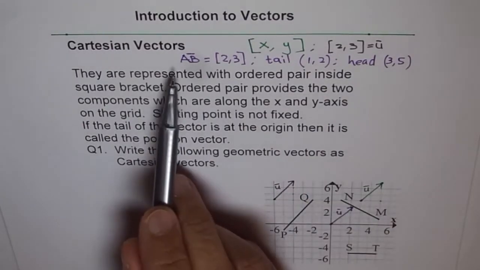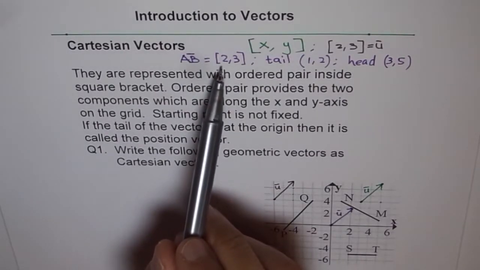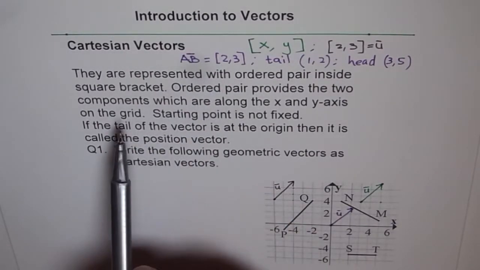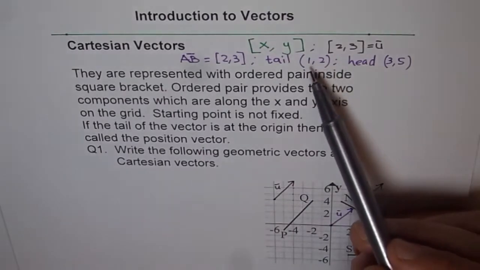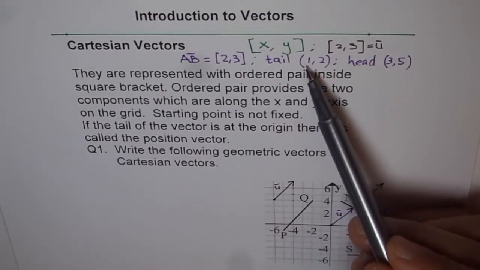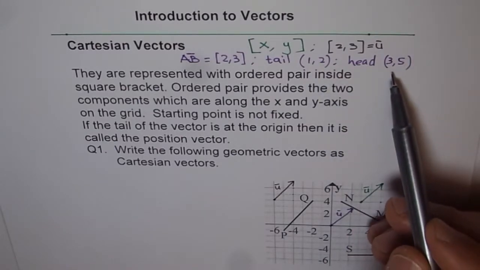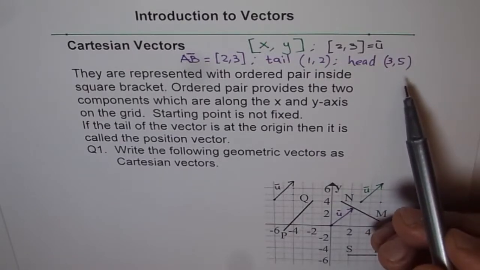Therefore we can say vector AB, which could be written in Cartesian form as [2, 3], has its tail, or the initial point, at (1, 2), and the terminating point, or the head of the arrow, at (3, 5). Do you see that?